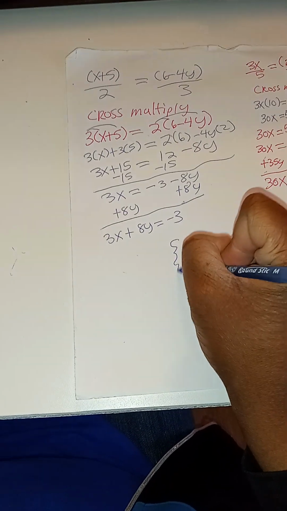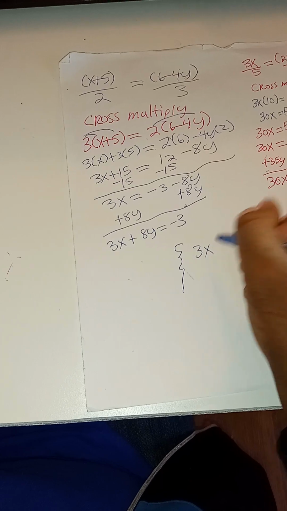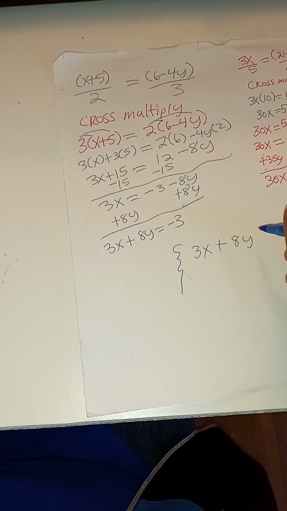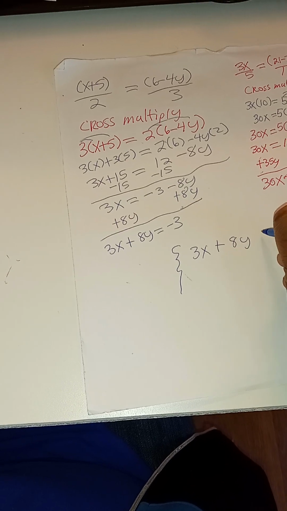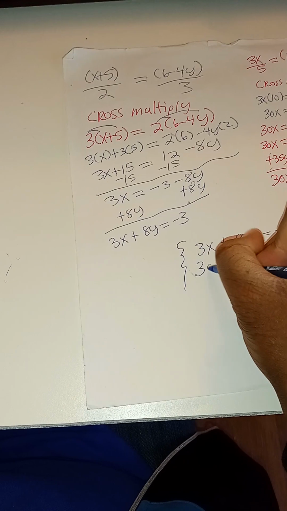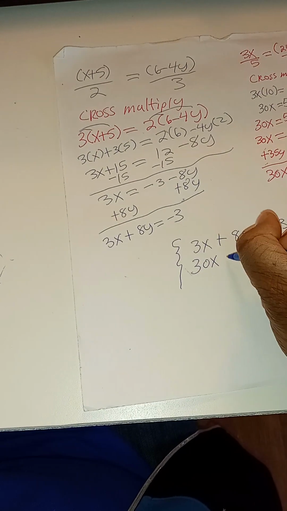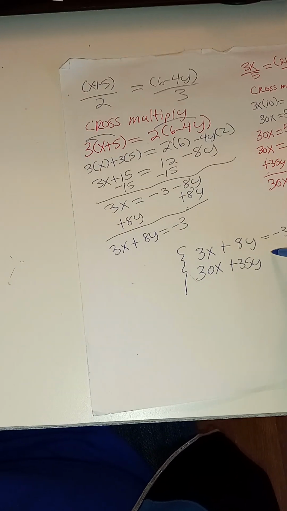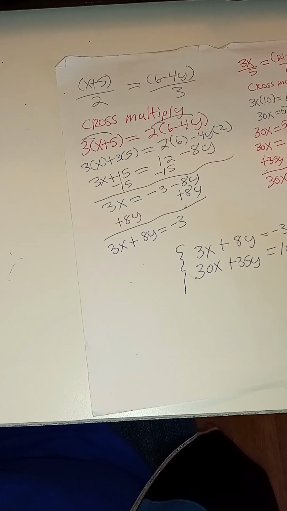So now we have 3x plus 8y is equal to negative 3, and 30x plus 35y is equal to 105.